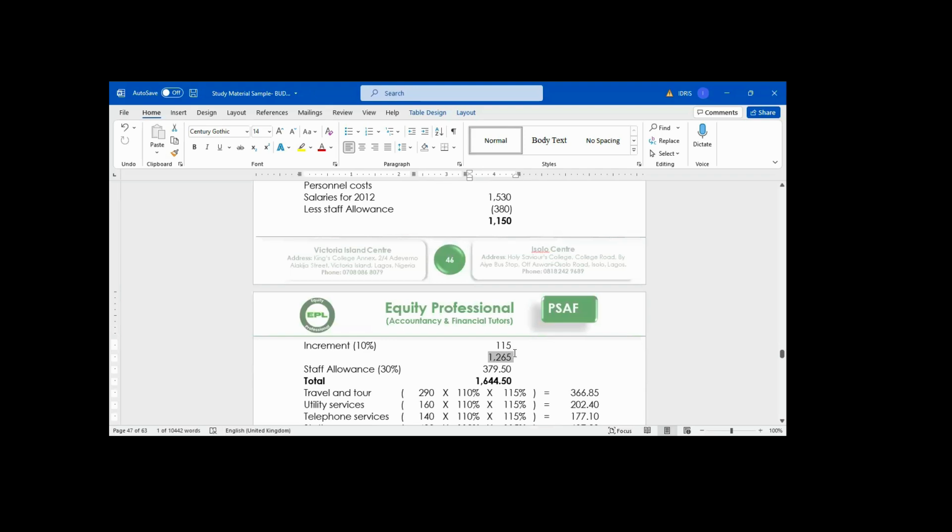This is the salary, excluding staff allowance. 30% of this amount is going to give us 379.8. When you add the 30% to it, that means your total personnel cost for 2013 is going to be 1,644,500,000.